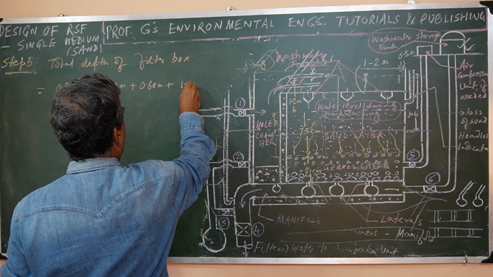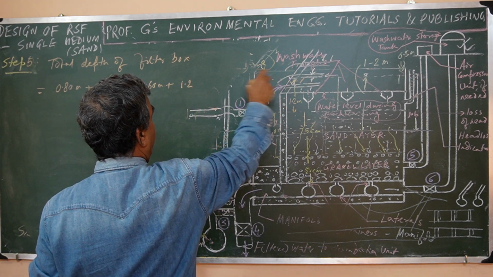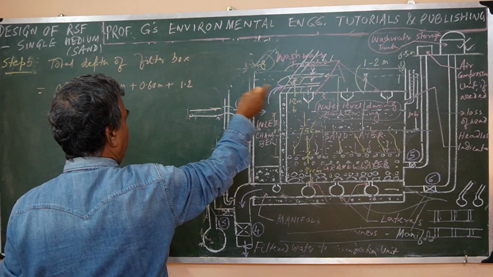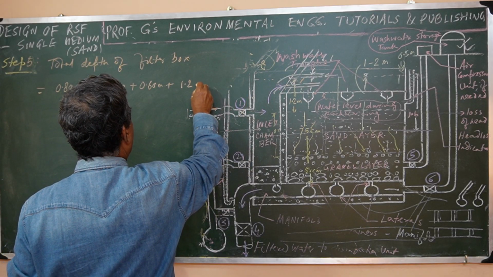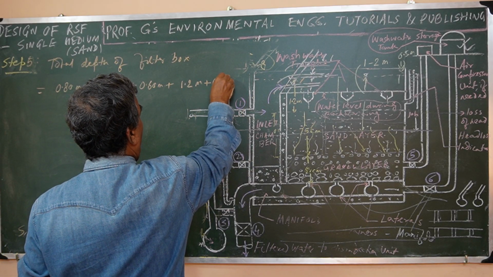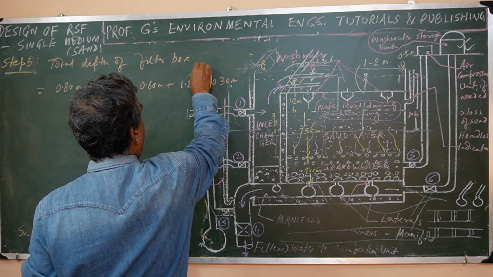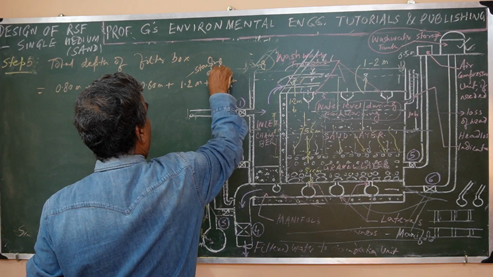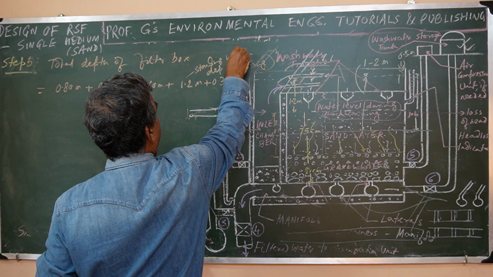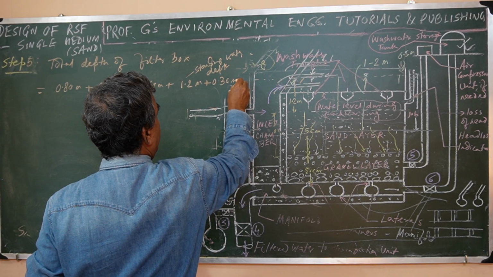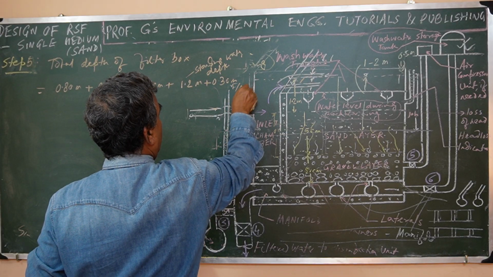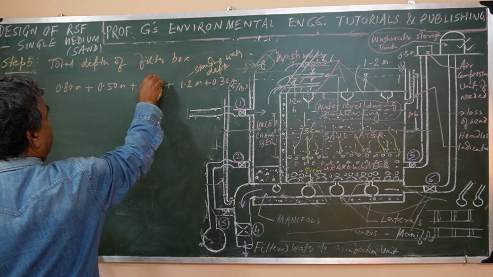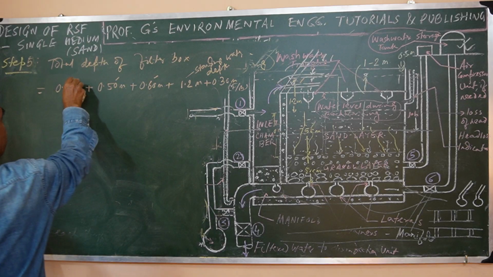Then standing water 1.1 to 1.5 meter, we have taken 1.2 meter or so, plus 0.3 meter. This is the standing water depth, this is the freeboard, this is the sand depth, this is the gravel depth, and this is the under drainage depth.